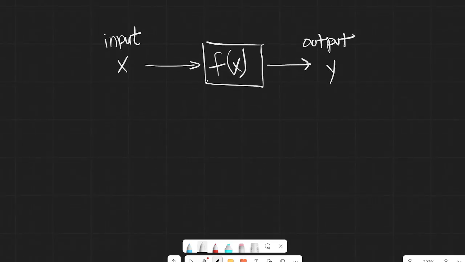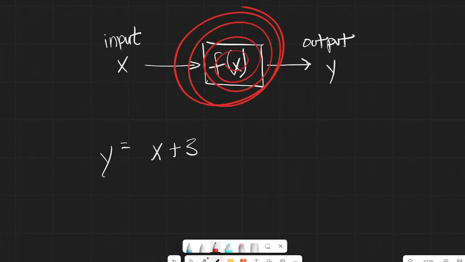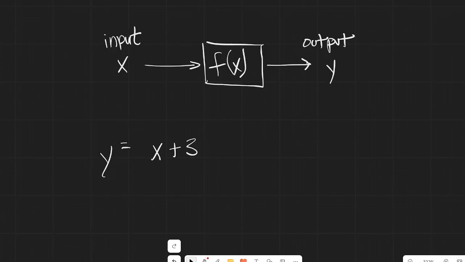For example, if y equals x plus 3, that means that f of x is a machine that adds 3 to the input.